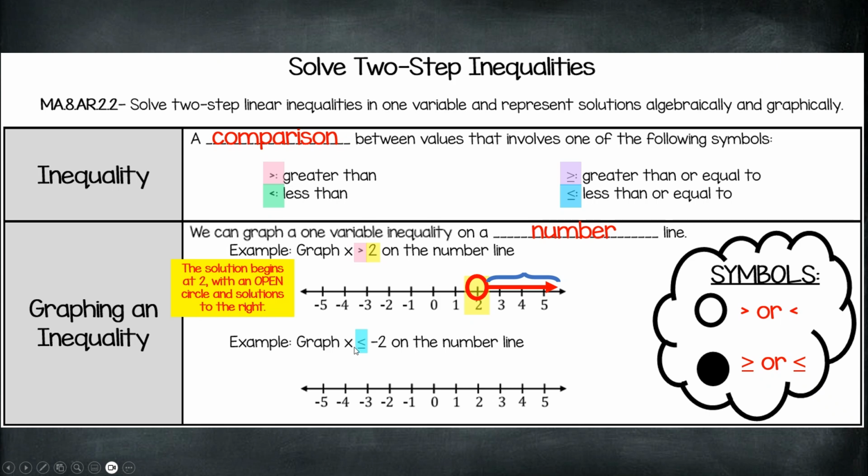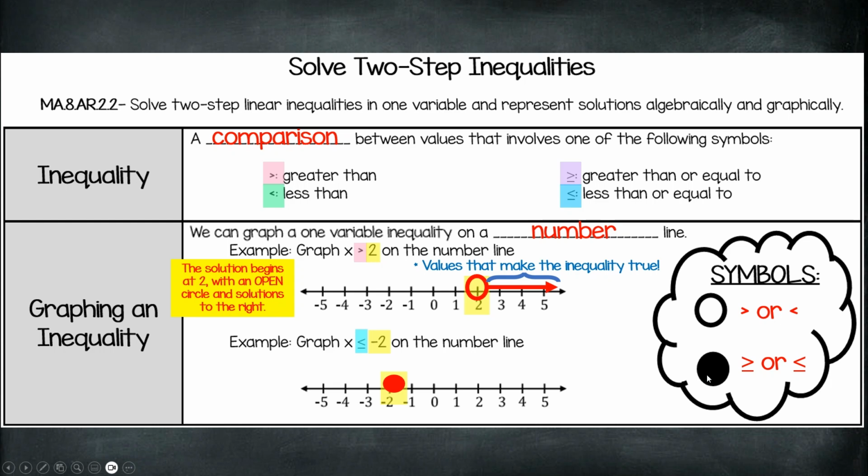If we are going to graph x is less than or equal to negative 2, well, sorry, that's slightly out of order. That's okay. The symbol means less than or equal to negative 2 on the number line. So here is negative 2 on our number line.